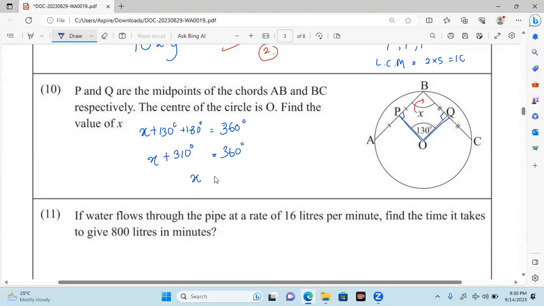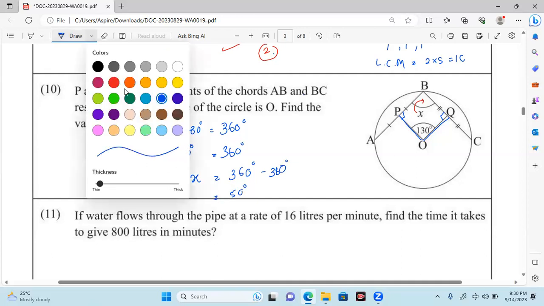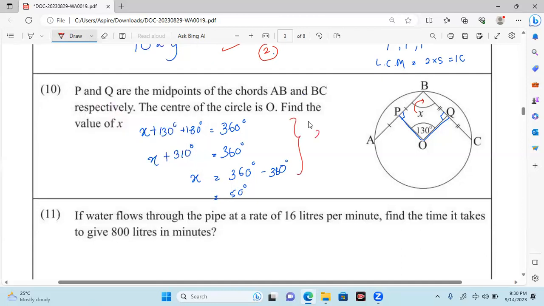Then find x. x equals 360 subtract 310. Then the answer is 50. Okay. No need to do this many calculations. If you can obtain the answer using 2 steps, it is better. Okay. 2 marks.